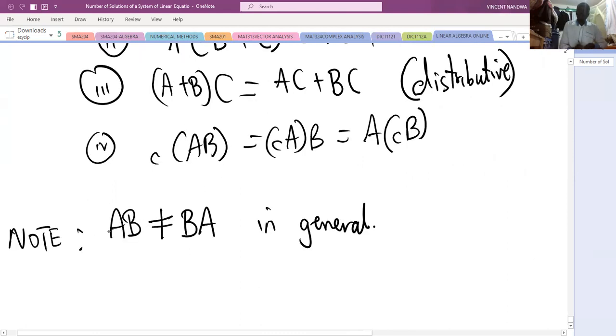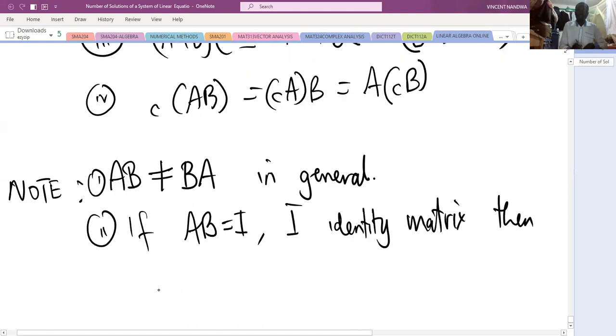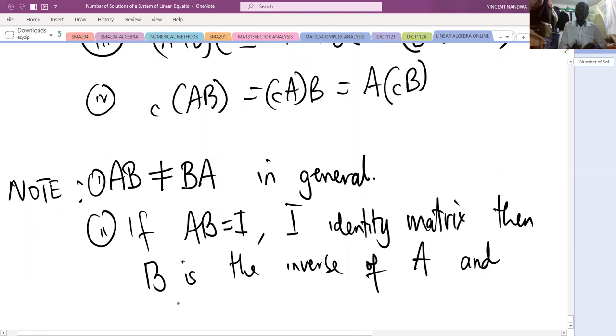And then number 2, if AB equals I, where I is the identity matrix, then B is the inverse of A and vice versa. So that's what you have.